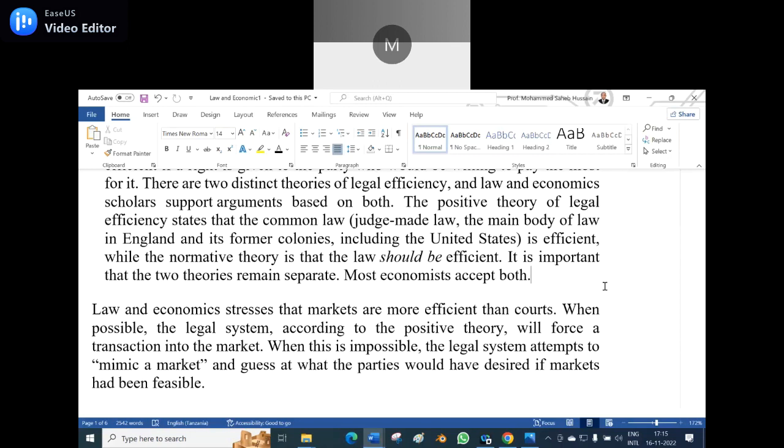The common law is the body of the law which England ruled. The common law is the former colonies' law, including the United States, because the United States was also ruled by the Britishers.